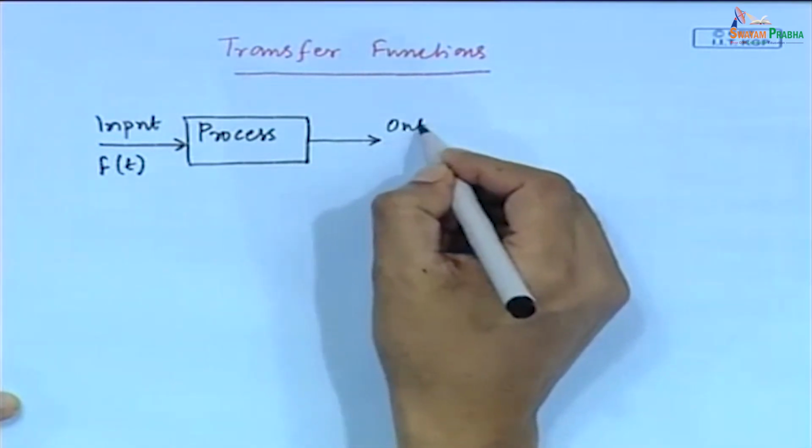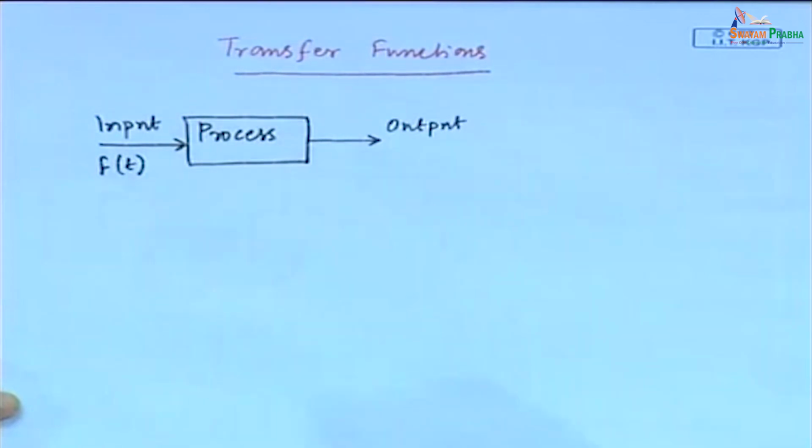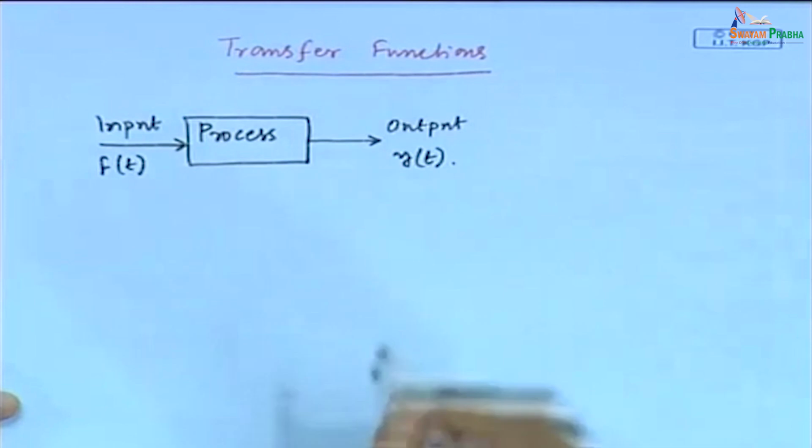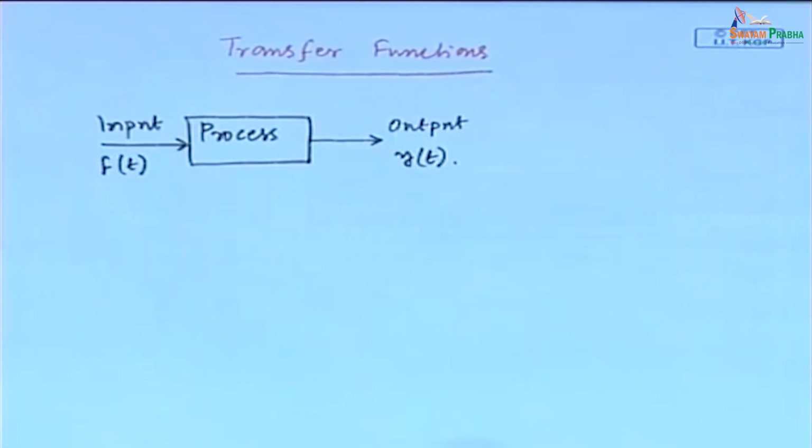This is the output of the process, which we will represent by y(t). Now, here by process we mean the model structure of the process. We will use the modeling equations of a process to derive the transfer functions.